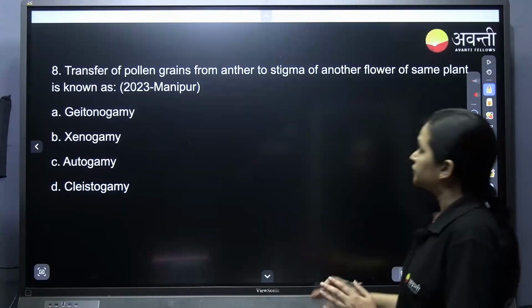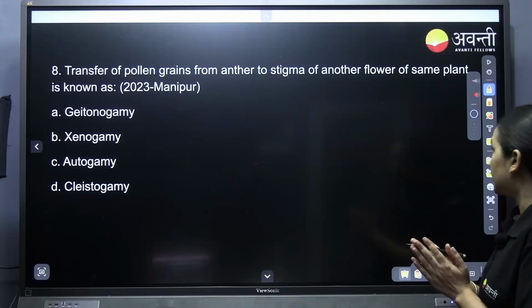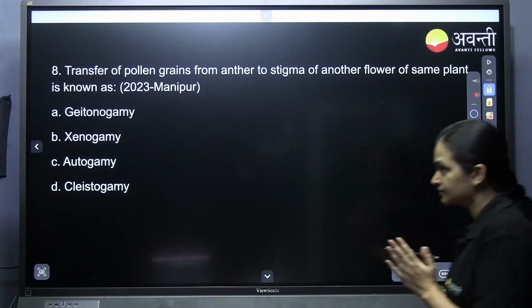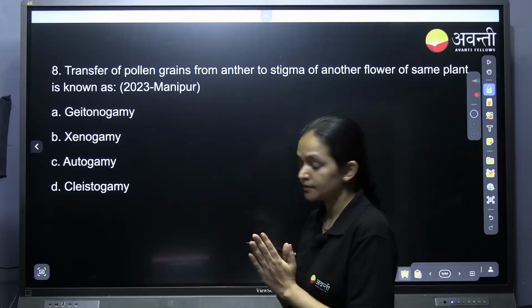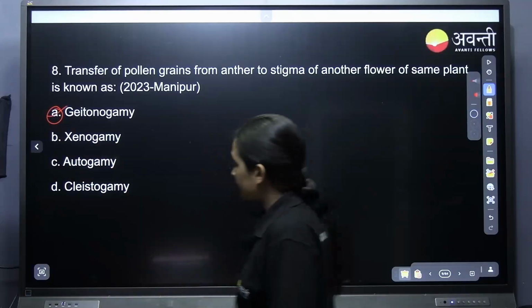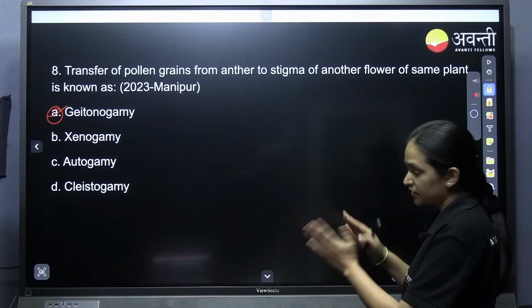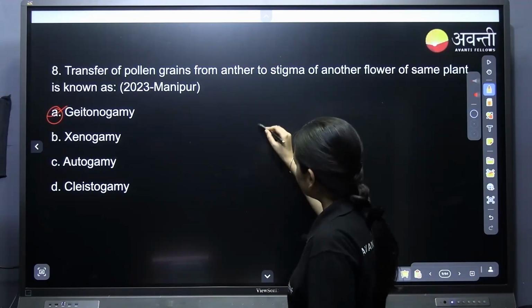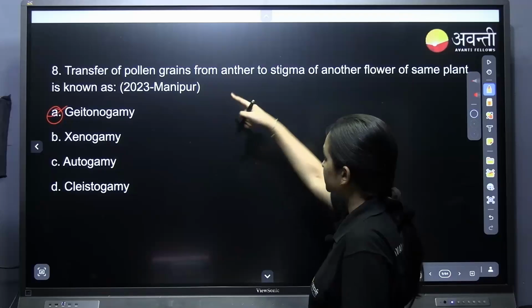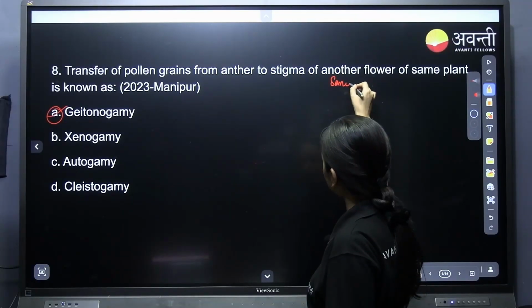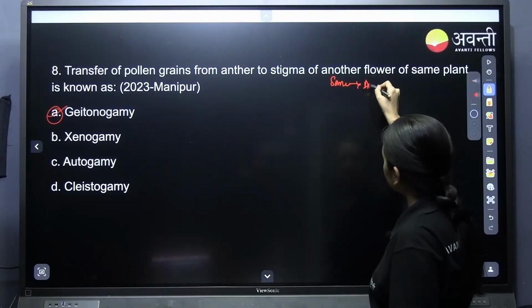Transfer of pollen grains from anther to stigma of another flower of the same plant is known as? Easy. Tell me. Geitonogamy. So with that we will take the concept: if the transfer of pollen grains is from the anther to the stigma of the same flower, then it is called autogamy.